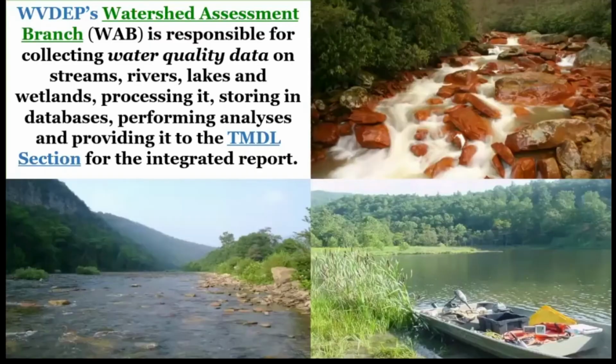I'm going to switch gears a little bit and talk about our Watershed Assessment Branch, WAB. WAB is the scientists and natural resource providers within DEP that do the water quality monitoring all throughout the state. They monitor all types of water bodies: streams, rivers, lakes, wetlands. They process the data, store the data, analyze the data, and provide it to the TMDL section. If you don't know, TMDL is an acronym for Total Maximum Daily Load.